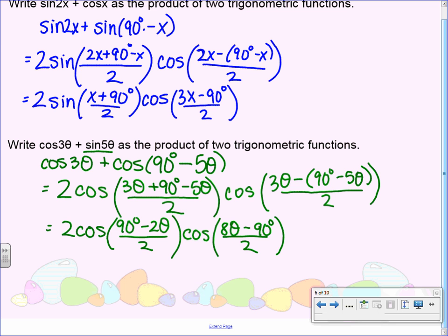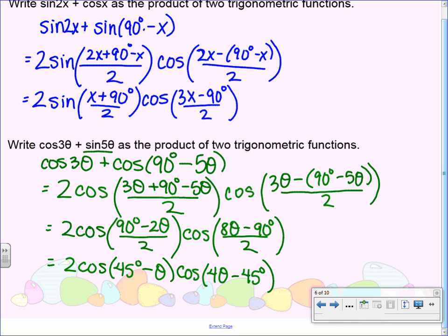Both of these fractions reduce. They're all divisible by 2. So I would simplify a little more at the end: 2 cosine of 45 degrees minus theta, and then cosine again of 4 theta minus 45. Then you've got different angles, so that's about as far as you can go with it.